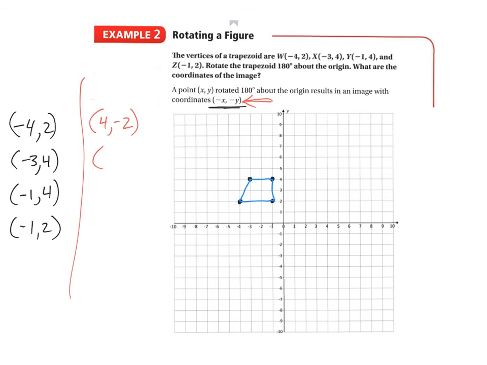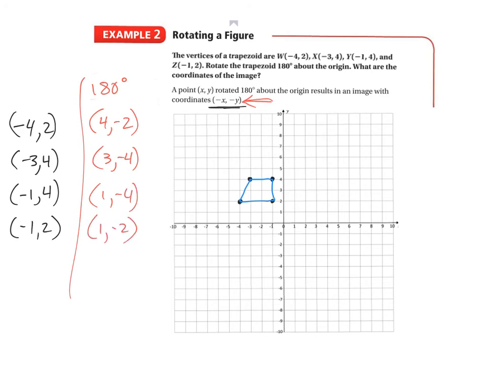And notice we didn't move them, okay? So the other 90 degree when we would flip them. So let's say this is the 180 degree. So we have, this one would be 3, -4. This one would be 1, -4, and this would be 1, -2.